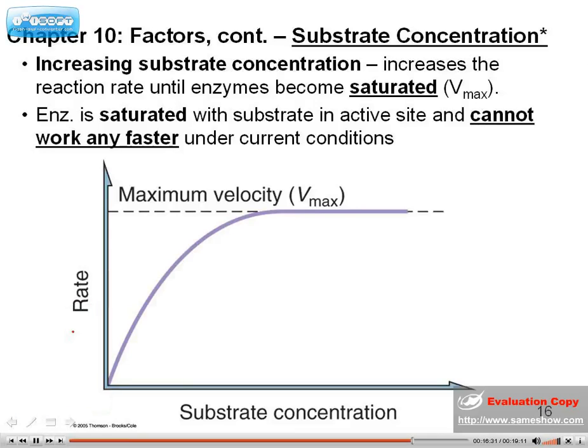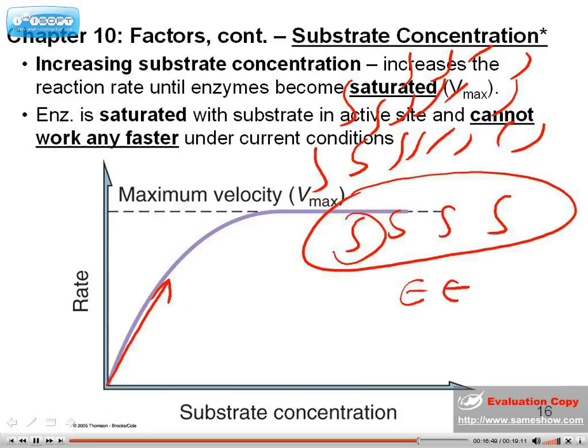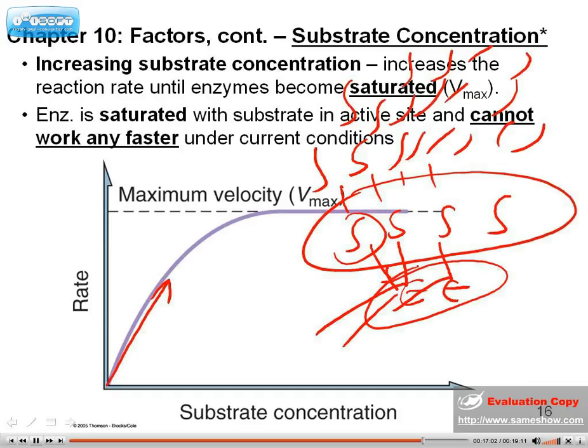If I have 2 enzymes and a couple substrates, then by increasing the amount of substrates, yes, I can increase the reaction rate. But what happens if I have a ton more substrates? It turns out that although enzymes are pretty fast, you start to get backlogged, and substrates conceptually have to wait in line in order to use the enzymes.